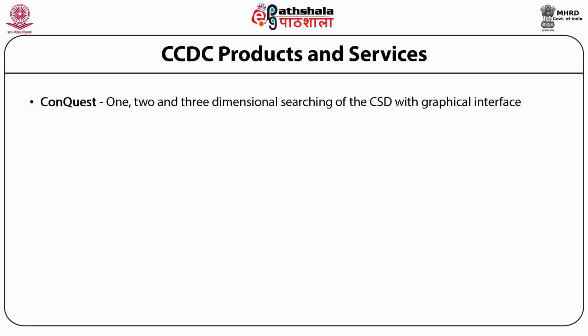ConQuest is also for 1, 2 and 3-dimensional searching of the CSD, but with a graphical interface. ConQuest, in addition to structure drawing, provides a full range of text and numeric search options. For example, one can search by using the author name, the journal name, the name of a compound. One can use the molecular formula, space group, unit cell, and so on.